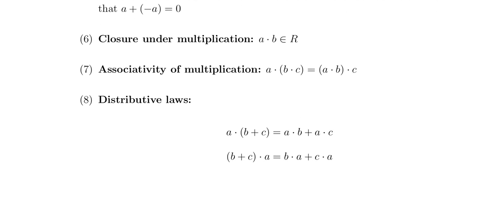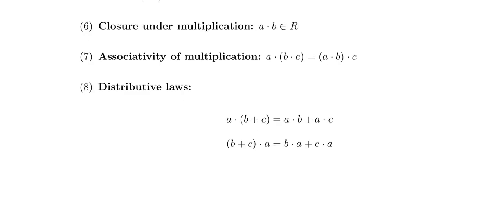And distributive law with respect to addition and multiplication, and that is a dot (b plus c) equal to a dot b plus a dot c, and another form (b plus c) dot a equal to b dot a plus c dot a. இல்ல இப்படியும் எழுதலாம்: (a plus b) dot c equal to a dot c plus b dot c ன்னு எழுதலாம். இதுவும் கரெக்ட் தான். So இந்த ரெண்டு property is called the distributive law.